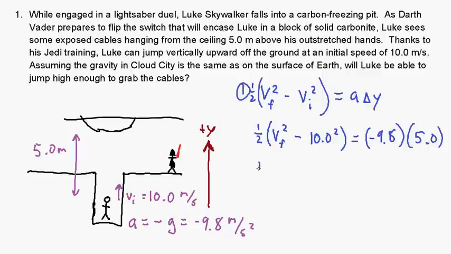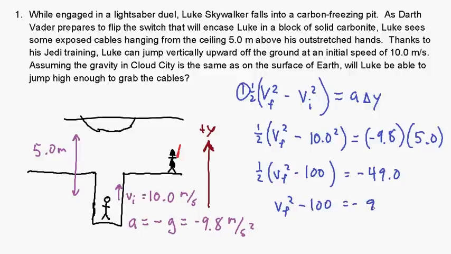What you'll get is one half of Vf squared minus 100, because 10.0 squared is 100, equals negative 49.0. Then Vf squared minus 100 equals negative 98.0, or Vf squared equals, adding 100 to both sides, positive 2.0, which means when Luke gets to the cables, he will still have a speed of the square root of this, about 1.41 meters per second, give or take.